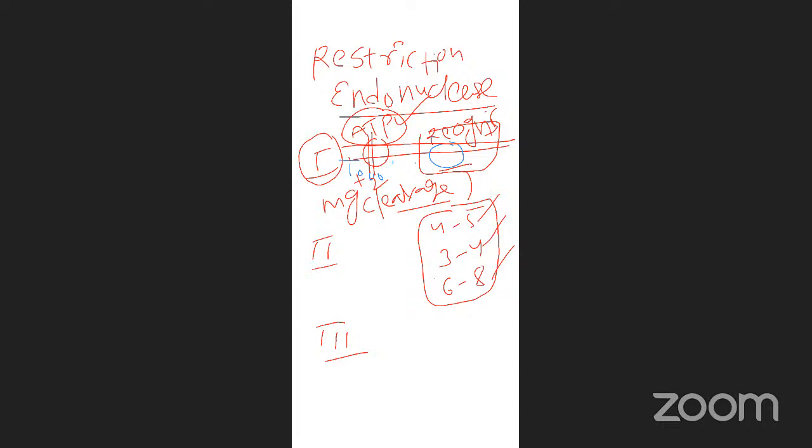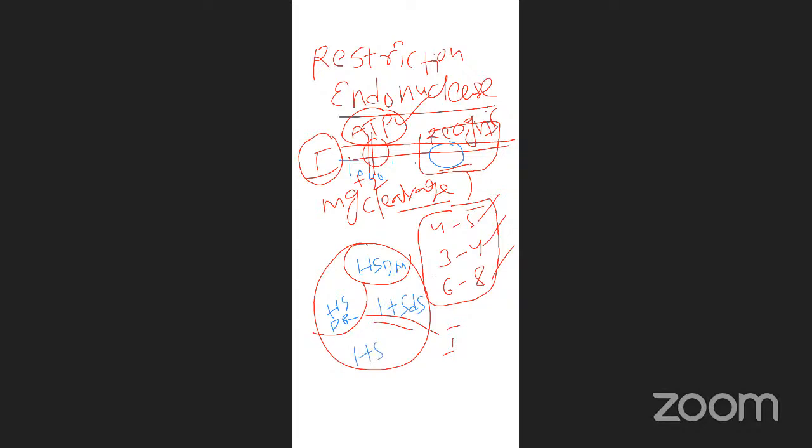HsdR, HsdM, HsdS. For example, suppose this is the type 1 restriction endonuclease. The main subunits are 1, 2, 3, 4 or 5: the first subunit HsdR, the HsdM subunit, HsdS, and again HsdR.